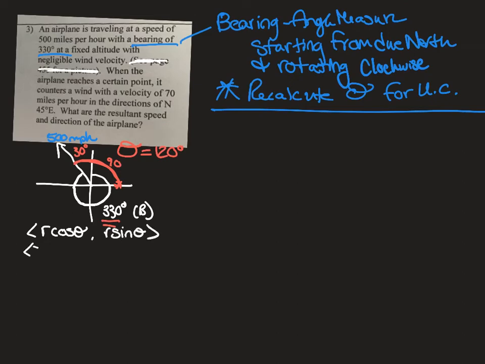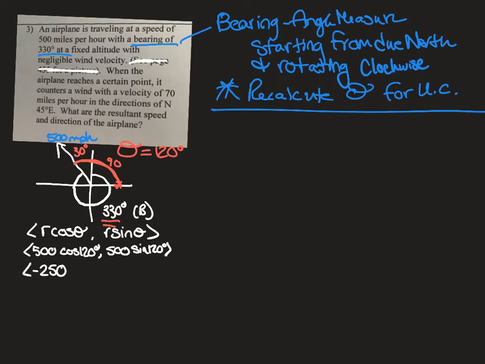So I'm going to do 500 cosine of 120 degrees, comma, 500 sine of 120 degrees. So we're going to type these in our calculator. We should know 120 from the unit circle, but let's just use the calculator on this one. So do 500 times cosine of 120 degrees, and you should get negative 250, and that makes sense.